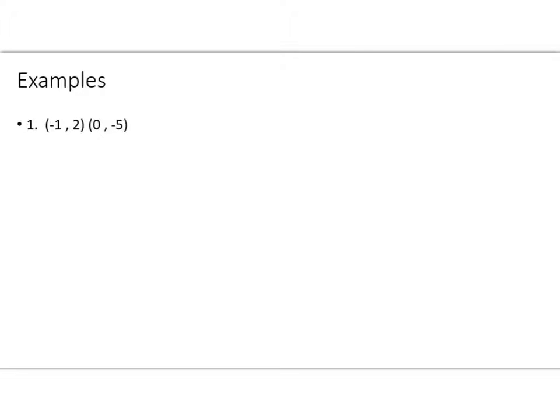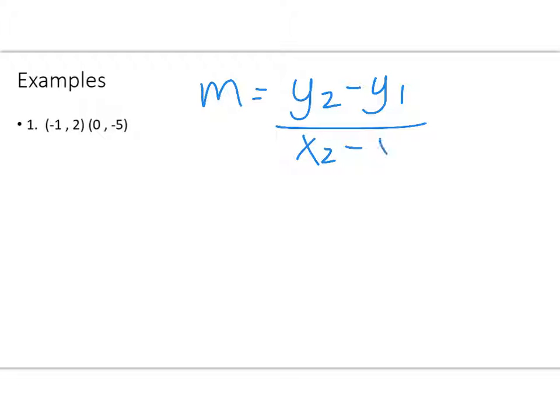So for example here, again the formula is y2 minus y1 over x2 minus x1. You'll start by labeling your points x1, y1, x2, y2, and then plug them into the formula.